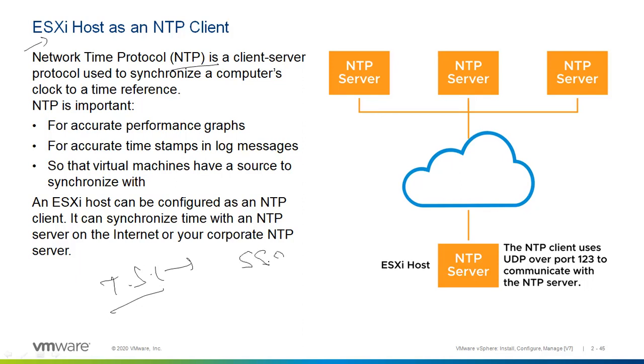There is a single sign-on service in your vCenter server. Once my host is added into vCenter server, there are many inventory objects: the vCenter server itself, then data center, then cluster, then host.